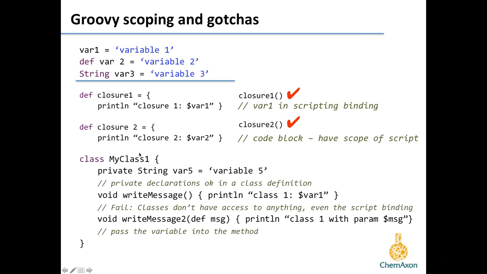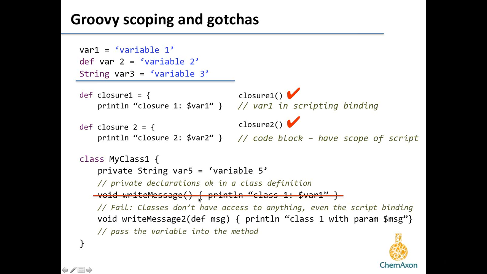So now let's make a class, and within this class we're going to do a private string variable, and private declarations are okay within a class, and this is something else that is a lot more of a complicated code philosophy that would be worth looking into if you cared. But we also have here, we're going to make 2 methods, write message and write message 2.